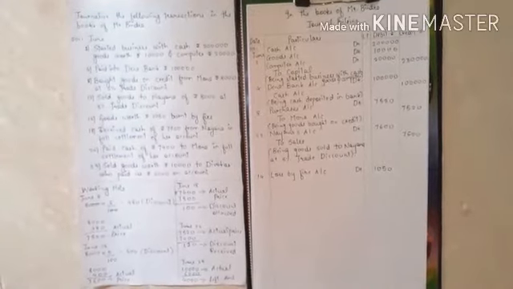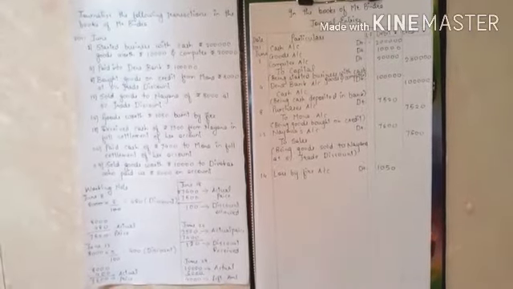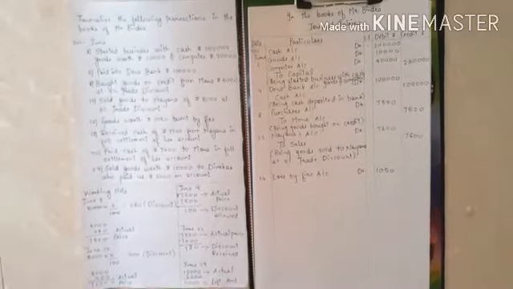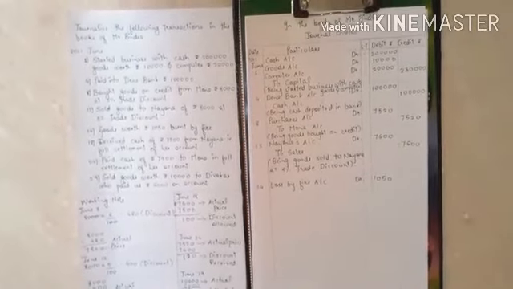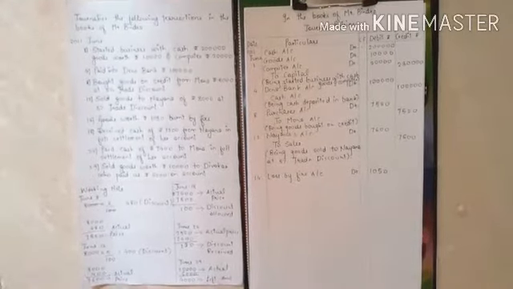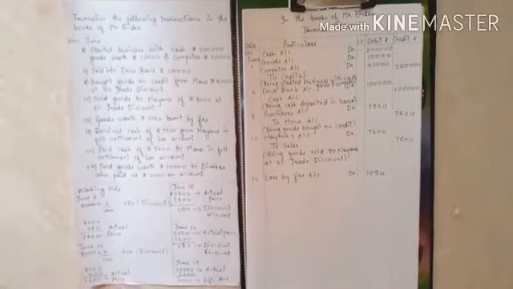Another one, what is being burnt? Goods are being burnt. That is what is going to get the credit effect? Goods destroyed by fire. That is goods are gone out of the business. They are destroyed by fire.